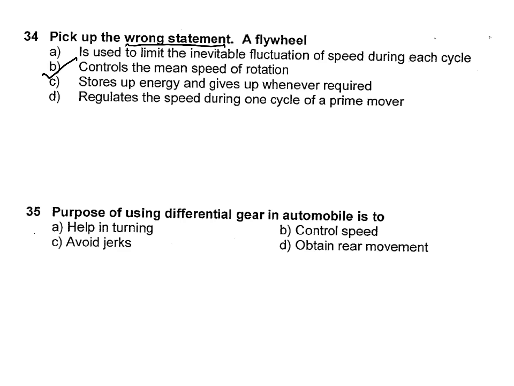Purpose of using differential gear in automobile is A: help in turning. This is correct. B: control speed. No. Avoid jerks. No. Obtain rear movement. This is also no. So A is our answer.